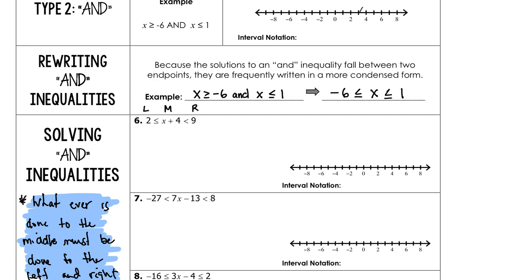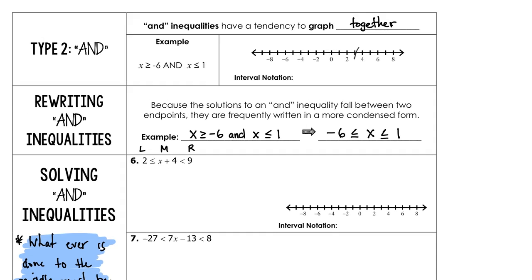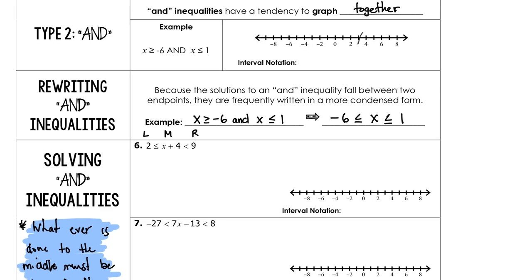All right, so the next type that we have here is this and compound inequality. Basically they have a tendency to graph together. There's a reason for that: when one is a disjunction, the other one is working in conjunction. Conjunction basically means we have this reflexive property where A equals A, which states that a number must always be equal to itself.